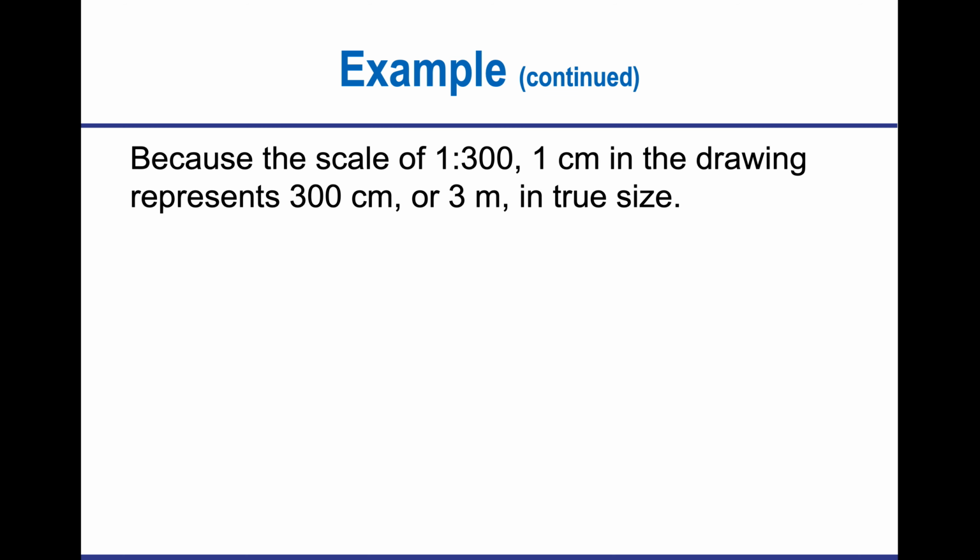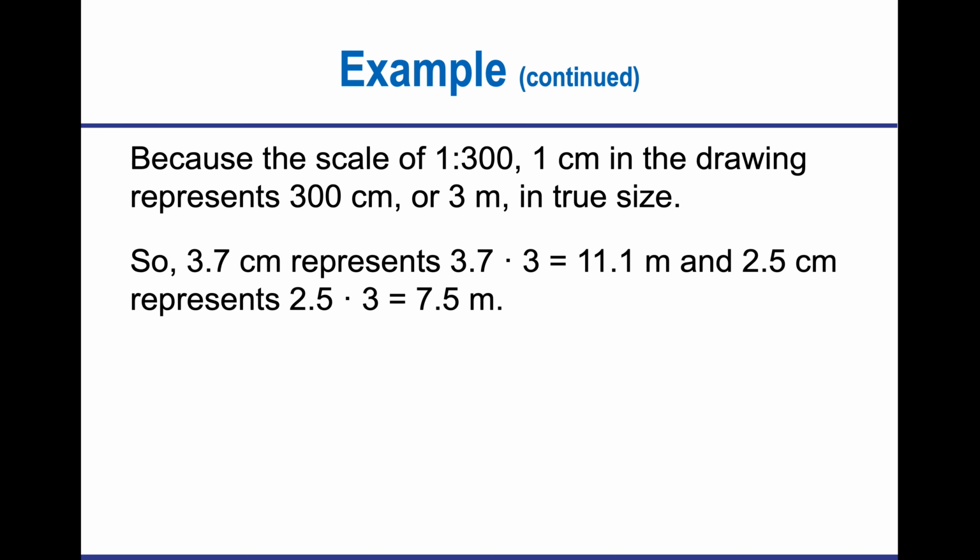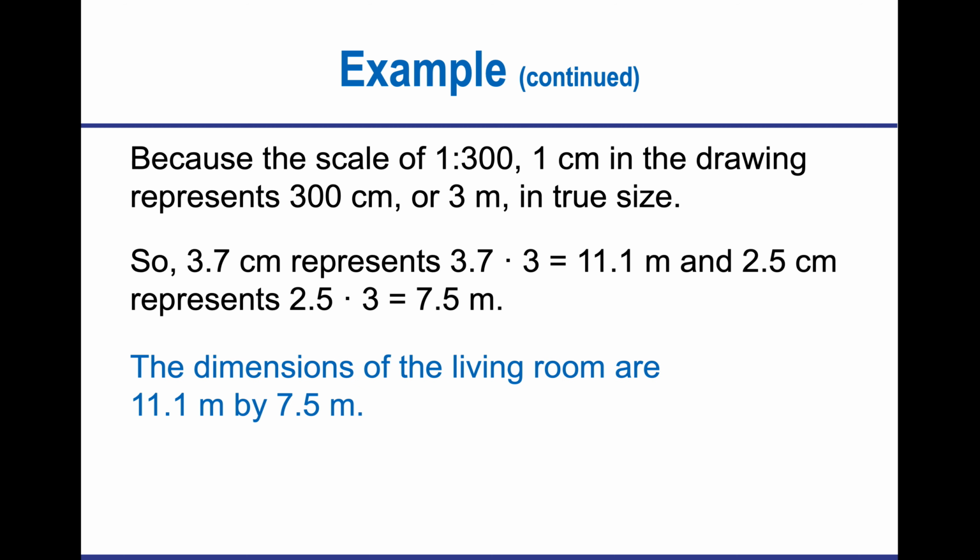So to find this, I'm going to use the scale of 1 to 300 to represent those dimensions. So then 3.7 centimeters is going to be multiplied by 3 to get 11.1. And then 2.5 is going to be multiplied by 3 to get 7.5 meters. So the dimensions then would be 11.1 meters by 7.5 meters.